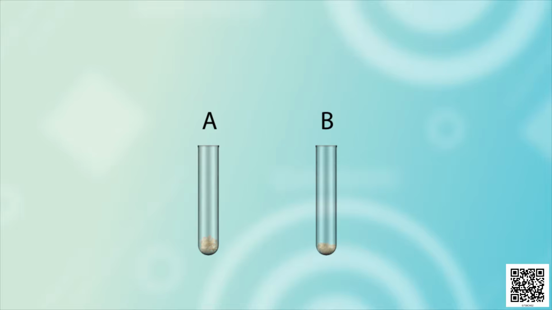Add 3 to 4 ml of water in both test tubes. Now pour 2 to 3 drops of iodine solution in each test tube and observe.